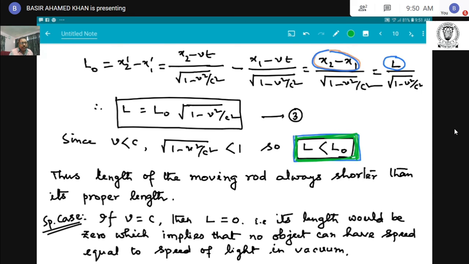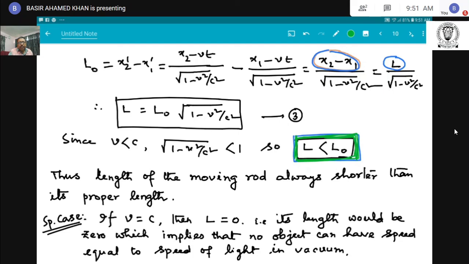Now, a special case: if v equals c, then from equation 3, L equals L0 times root of 1 minus v square by c square. With v equal to c, within the root we get 1 minus 1 equals 0, that means L equals 0.